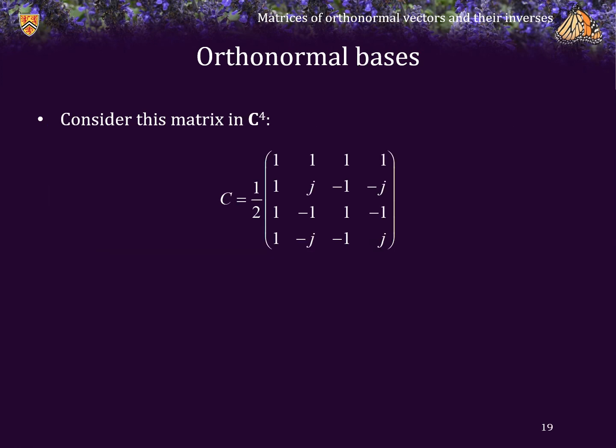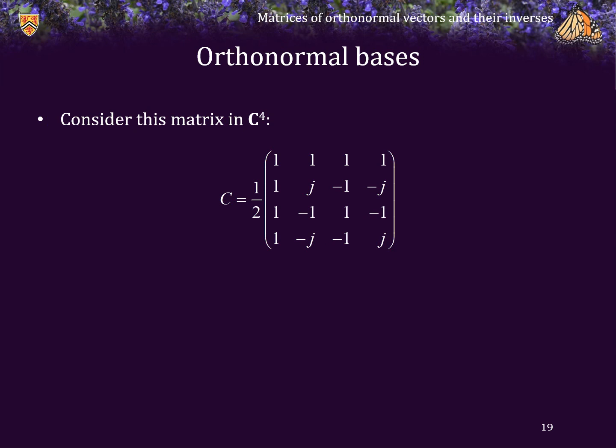Consider this matrix in C to the 4, that is the four-dimensional complex vector space. In this case, each entry of the matrix is multiplied by 1/2, and so you'll notice that the first column includes 1 raised to the power 0, 1 raised to the power 1, 1 raised to the power 2, 1 raised to the power 3.